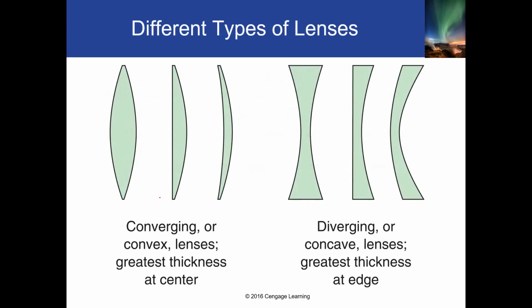So the main difference between mirror and lens is here. With a mirror, we only use one side. Let's assume this is a mirror and we are using this side of the mirror, meaning your face is going to be here. The other side is basically wood or another material that we don't use.